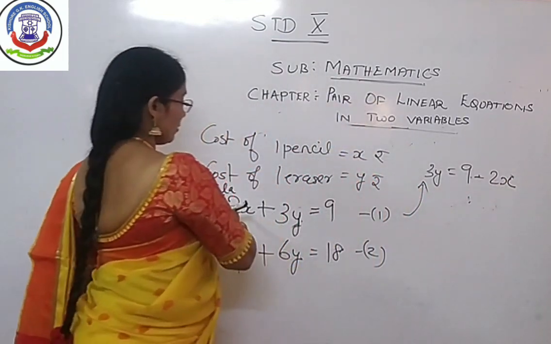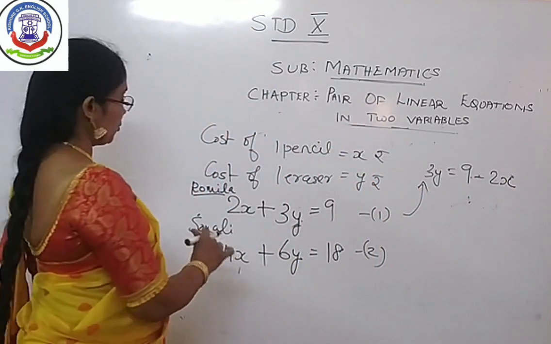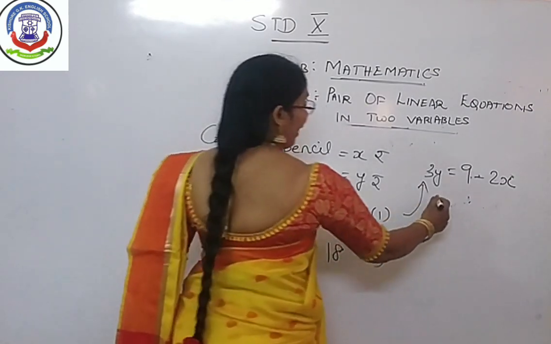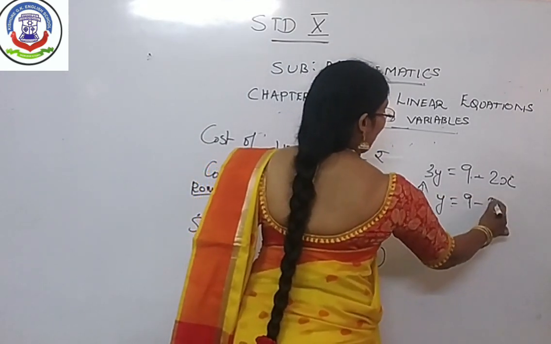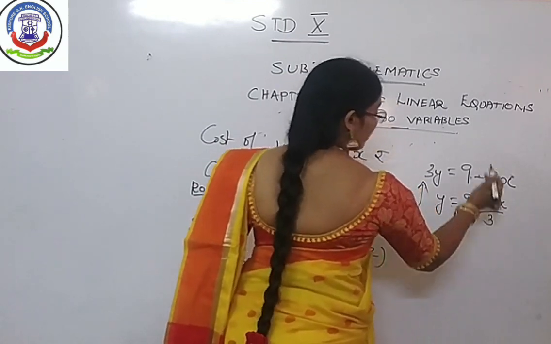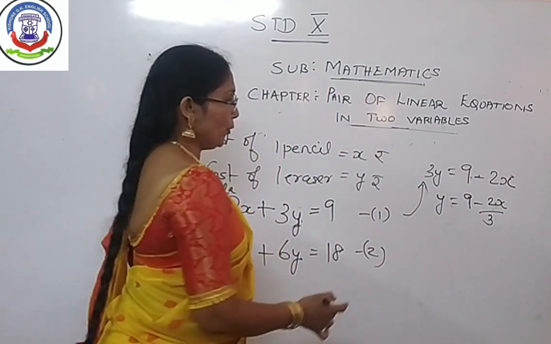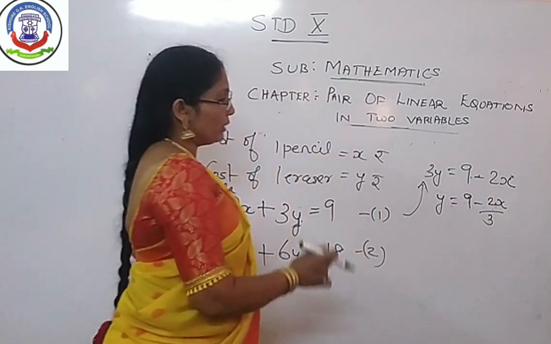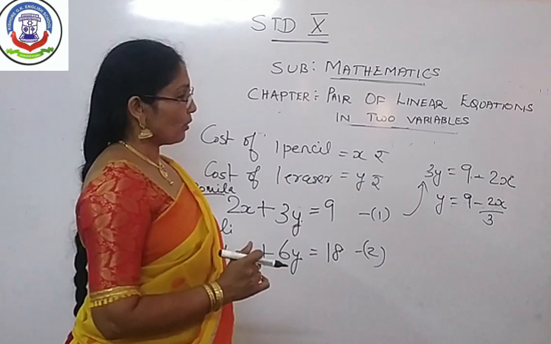Is it correct? 3y is equal to 9 minus 2x. Why? 2x taken to that side. Therefore, y is equal to (9 minus 2x) upon 3. Now, putting so many values for x, you can find the corresponding values of y.